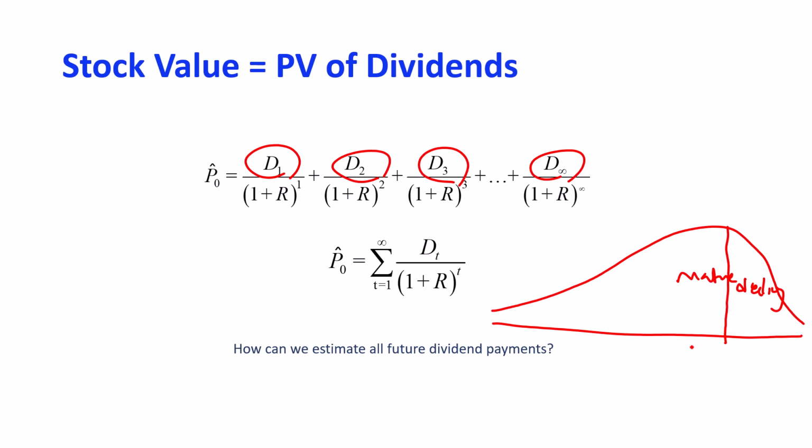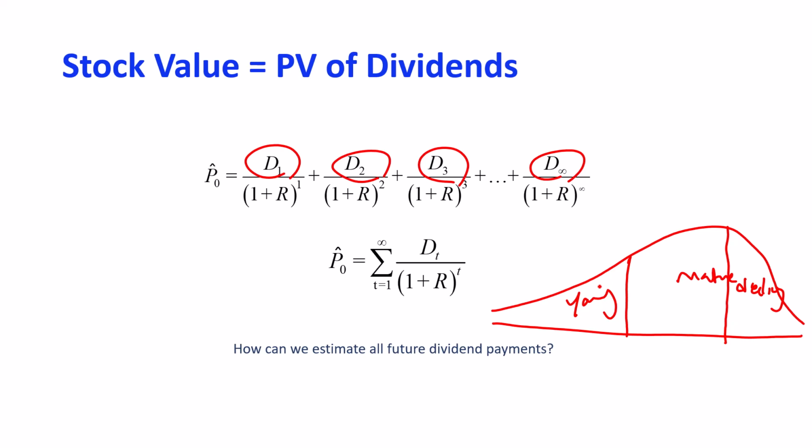But if the company is young and still has a lot of growth opportunities, they're going to reinvest that cash and keep it in the firm rather than paying the dividend.